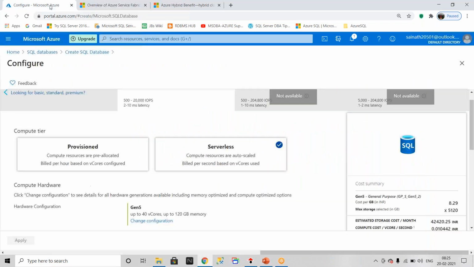Anywhere you select, whether you deploy your database on a Windows platform, on a Linux platform, or in containers, you are not sure which it is, and nobody can tell you.